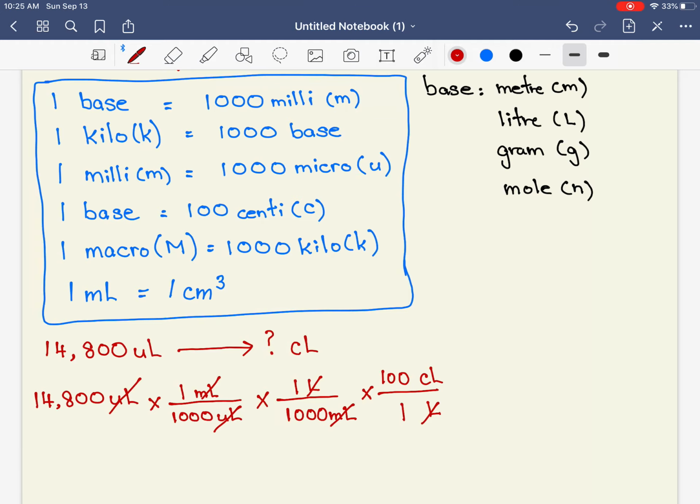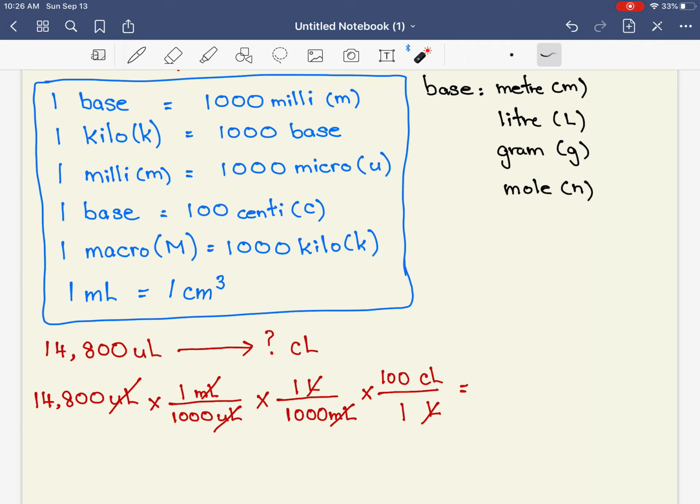So we just have to do the math. We already put up a relationship that microliter to centiliter is nothing more than dividing it by 1,000 twice and then multiply by 100 once.